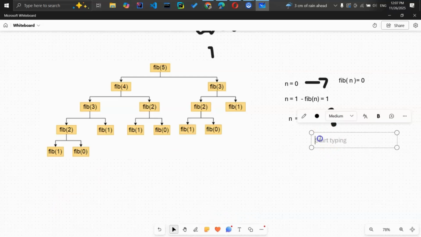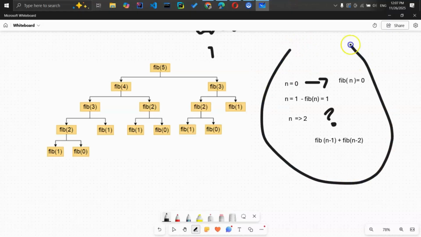Then it should be fib(n minus 1) plus fib(n minus 2), right? You should remember these things, right?